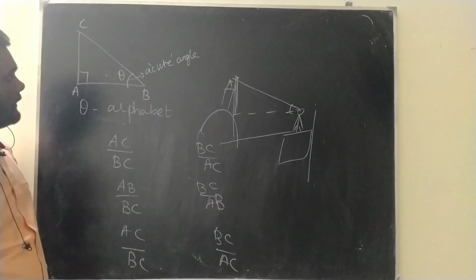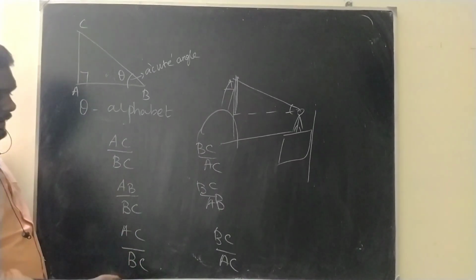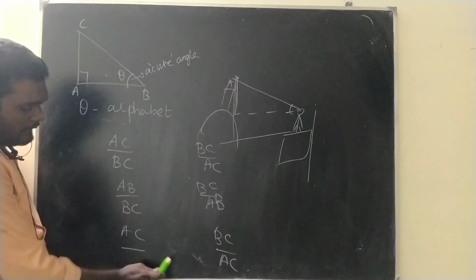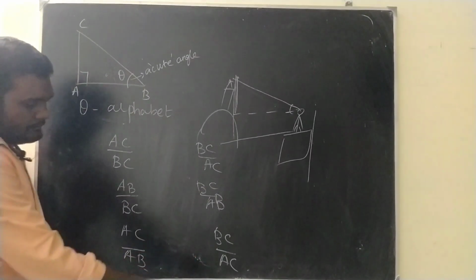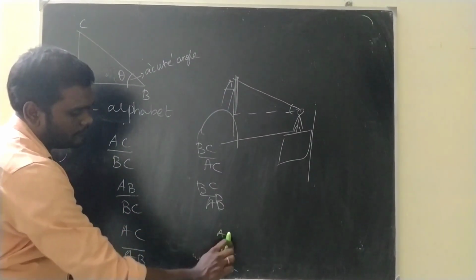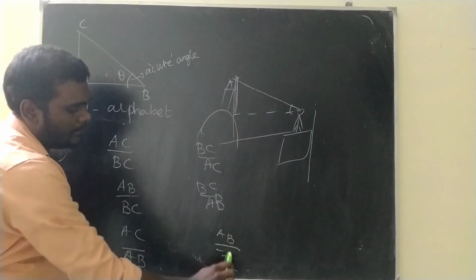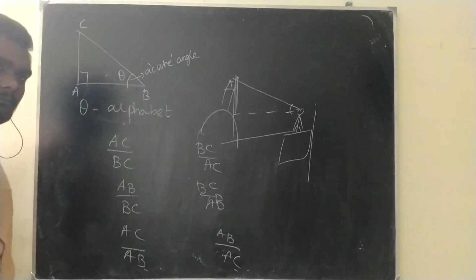Oh, I wrote BC by AC twice. Sorry, my bad. It should be AC by AB. So, only these ratios are possible.